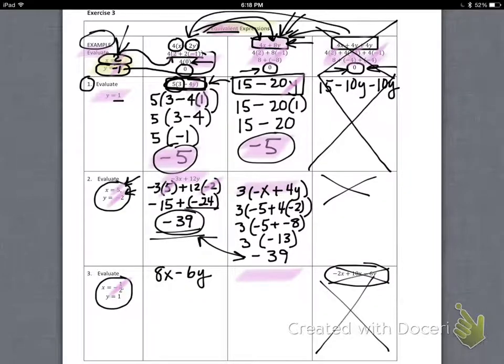What they had intended for you to do here is that now you moved away from an expression that was already distributed, and now you're going to turn it into a parenthetical situation, which is just the opposite of what we did the first 2 examples, example number 1, okay?